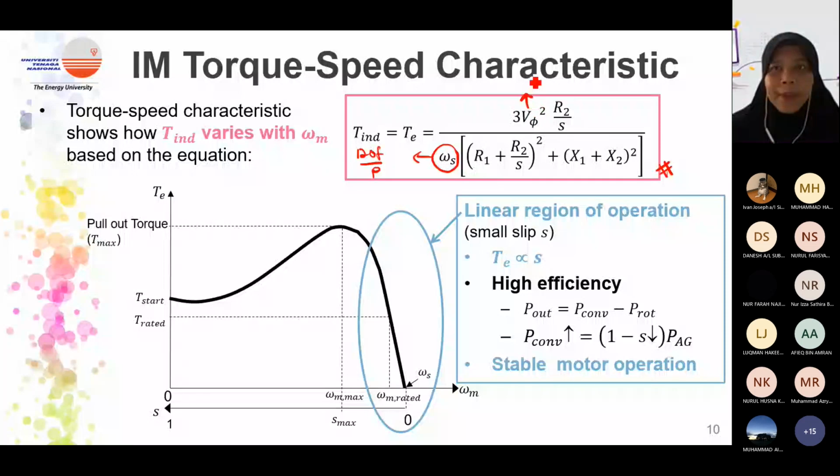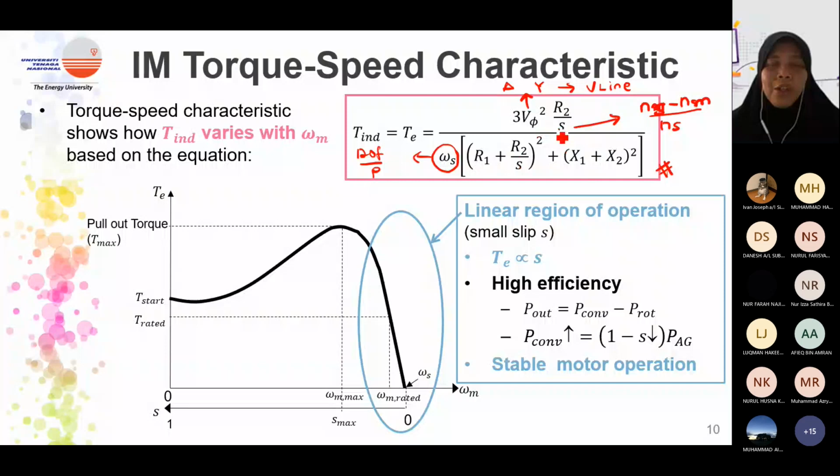This one is given, but you must classify whether it is delta or Y connected, because usually V line will be given. But in this case, we want to use V phase. And this slip we can calculate by using NS minus NM over NS. Yang lain semua akan diberi except for these three, you have to calculate based on the information given.